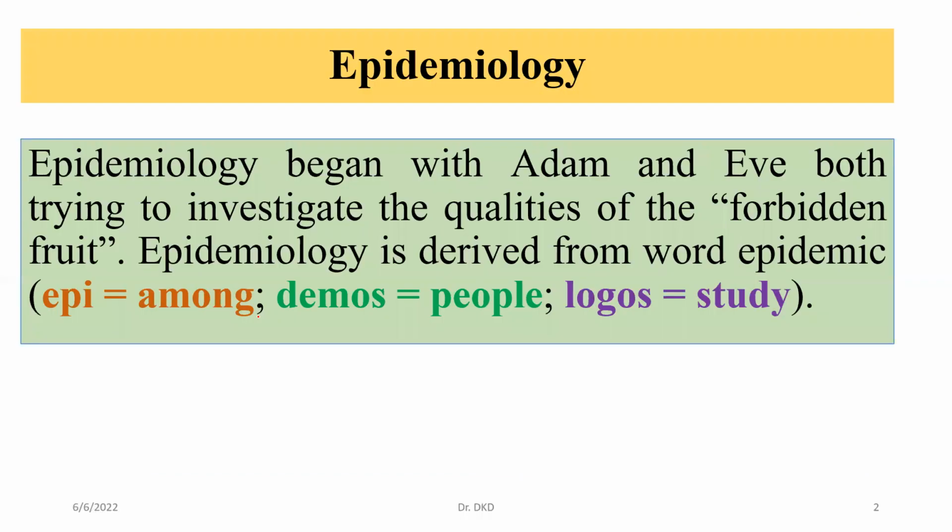So epidemiology began with Adam and Eve. As we know, Adam and Eve were the first humans on earth, both trying to investigate the qualities of the forbidden fruits.